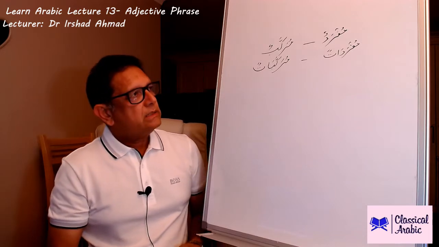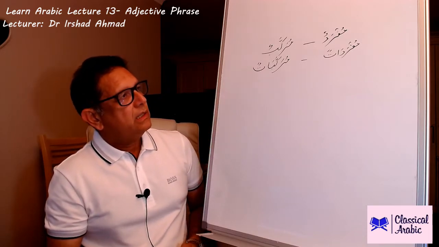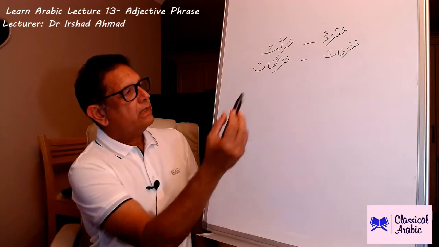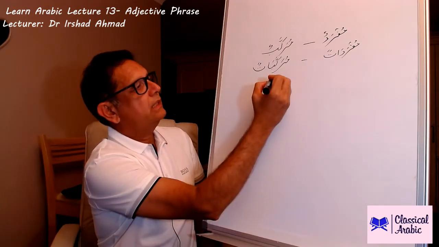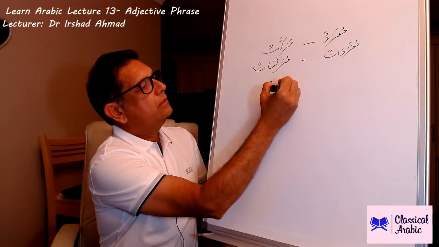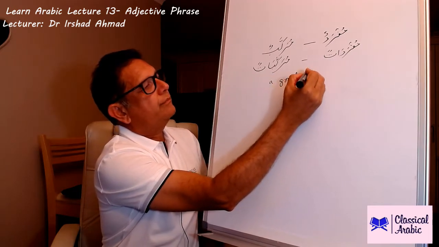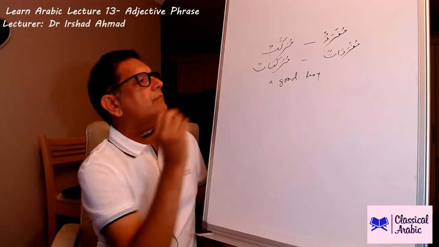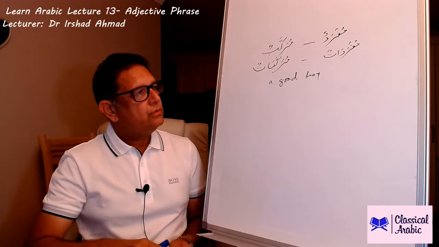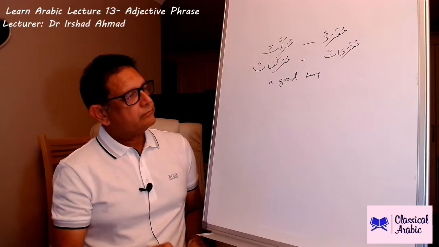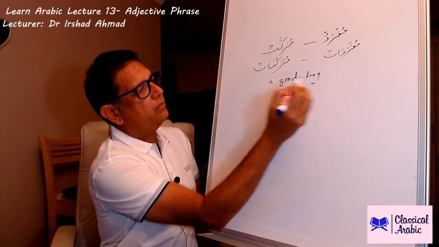We can make a start by working on this English phrase. For example, we say a good boy. Basically there are two words here, good and boy.